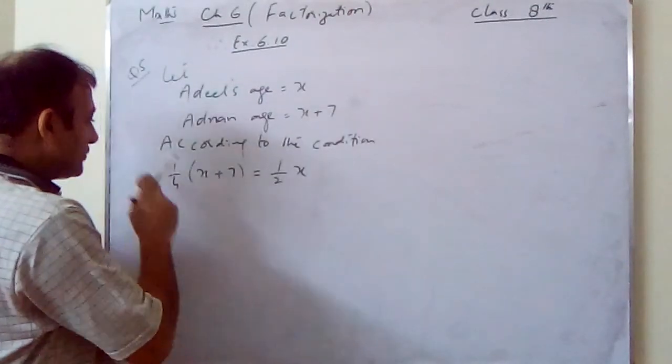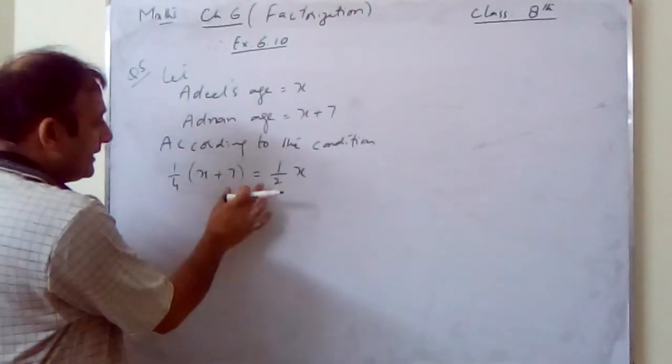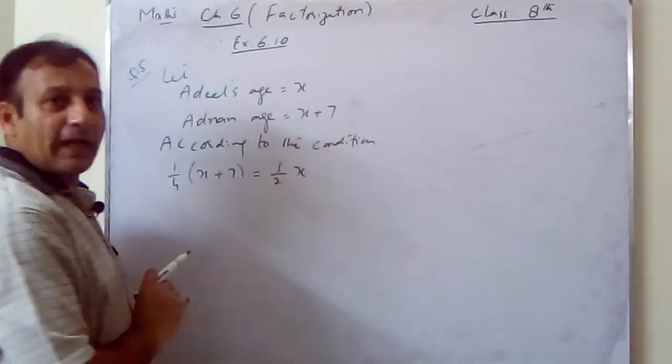According to the condition, 1/4 of Adnan's age is equal to 1/2 of Adil's age.